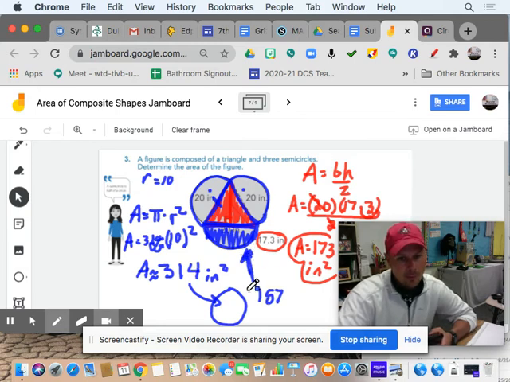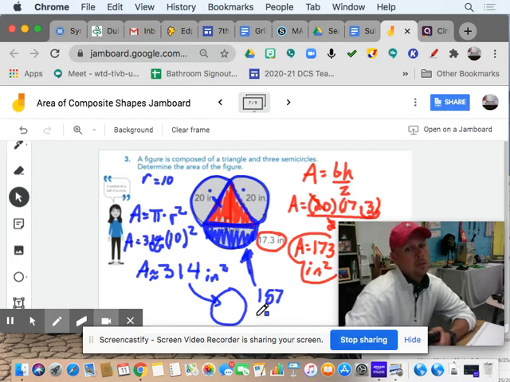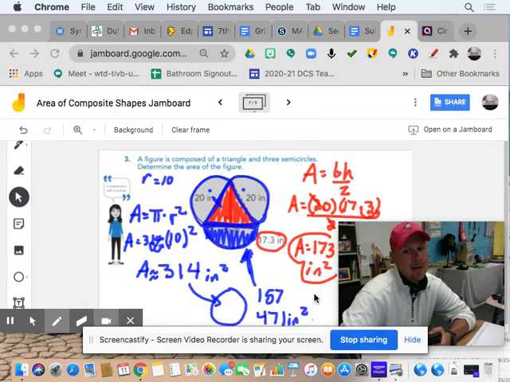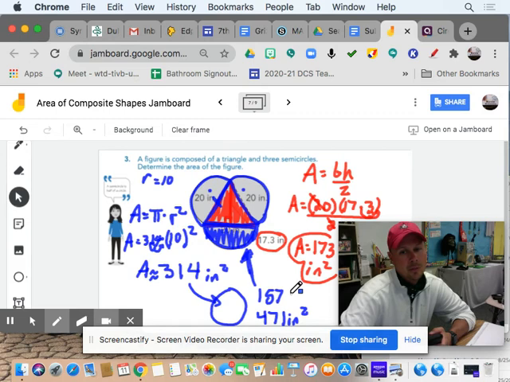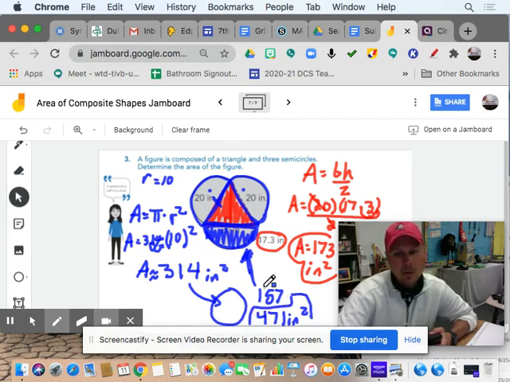And then if we put the 314 and the 157 together, we're looking at a total of 471 inches squared. And that's going to be for the 3 half circles. But then I'd have to put that with this answer right there.